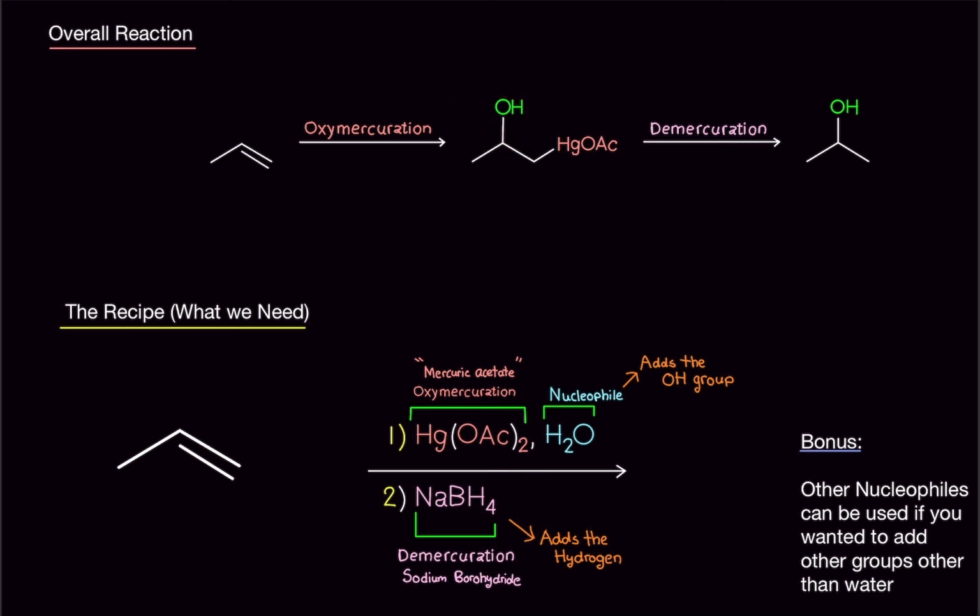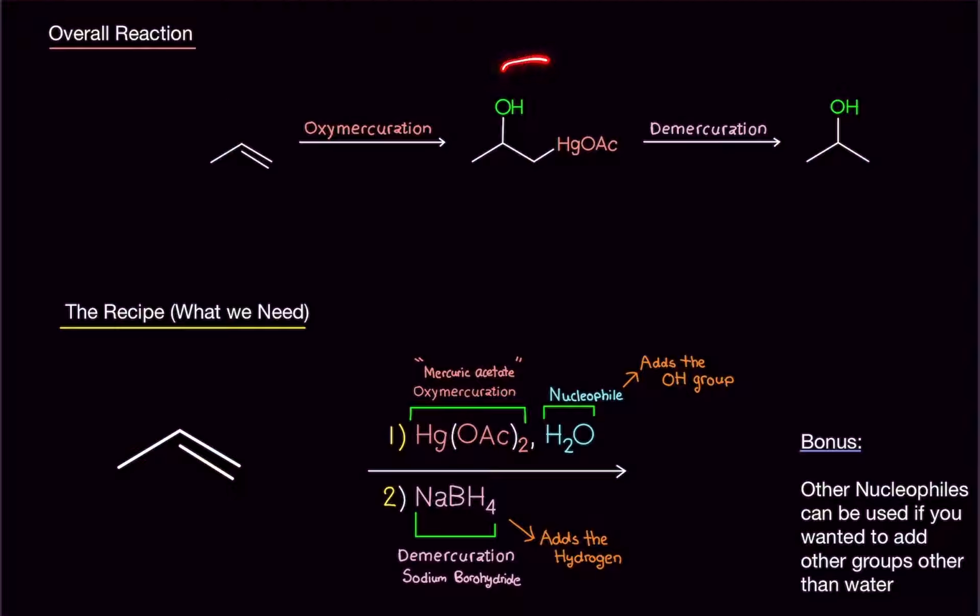It is not from mercuric acetate. Mercuric acetate only helps to add the nucleophile. That's it. So these are 2 separate things that are happening. The oxymercuration is just this step. The nucleophilic attack adds the alcohol.